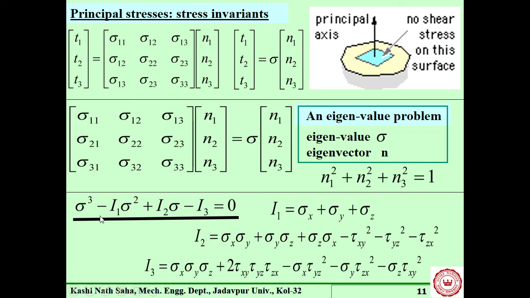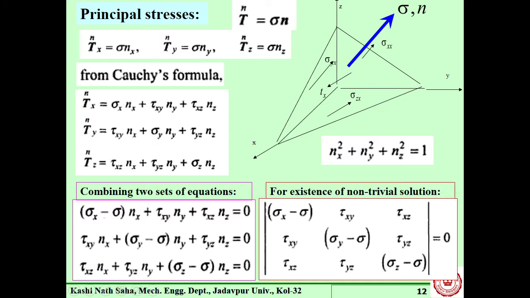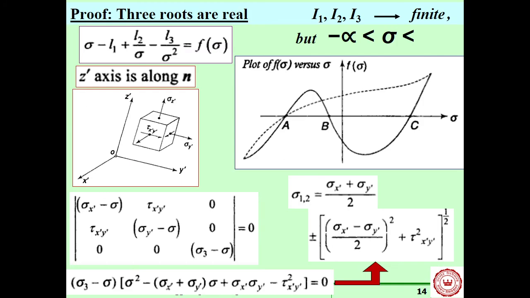So let us say the left hand side is a function in sigma, f(sigma). For different values of sigma, if we find the value of this function and make a plot, we'll get some plot. Okay.